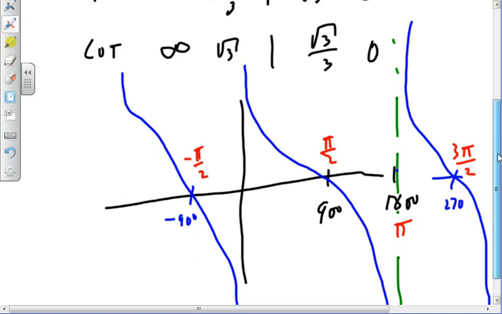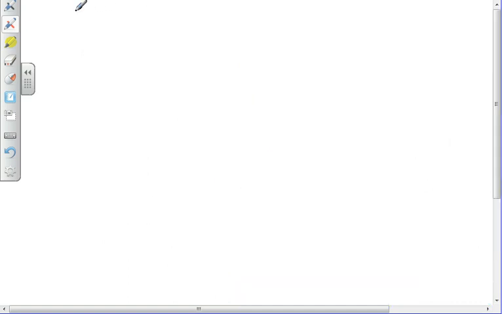All right, so that's what I would do if I had that situation. Now, my situation is I have y is equal to the secant of x. So what am I going to do now?